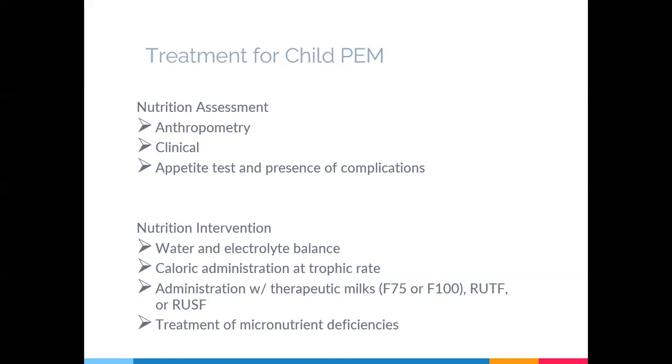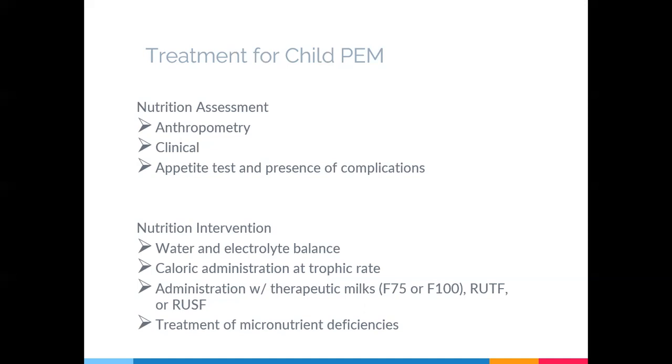So ang first line of intervention is water and electrolyte balance. Like all the other medical cases, unahon nato ang fluid and electrolyte balance before ta mag-worry sa caloric administration, because this is more life-threatening. So we have to correct any water deficits, kung na-dehydrate ang bata, ato sa na-correct.